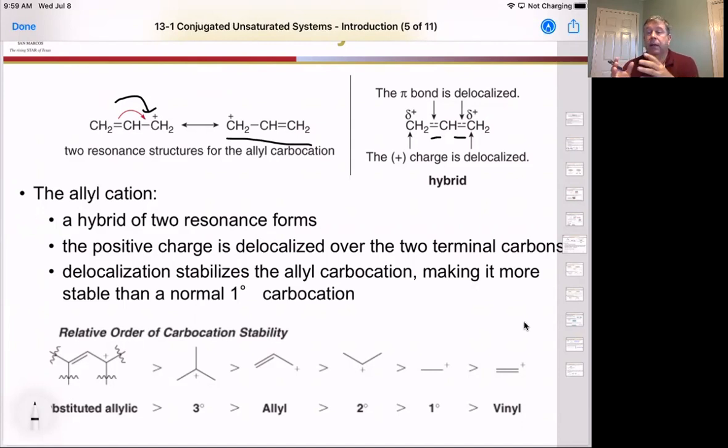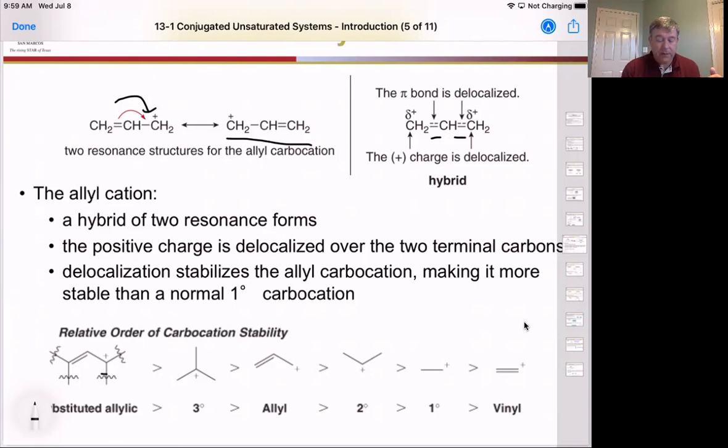Just like in the carbocation stability range, we have additional stability for the more substituted the allylic cation is. And because of this delocalization, that substituted allylic cation is actually more stable than a tertiary carbocation because we have a conjugated tertiary carbocation.